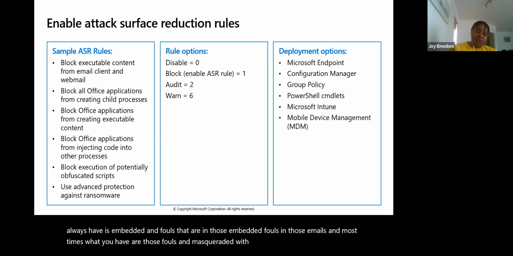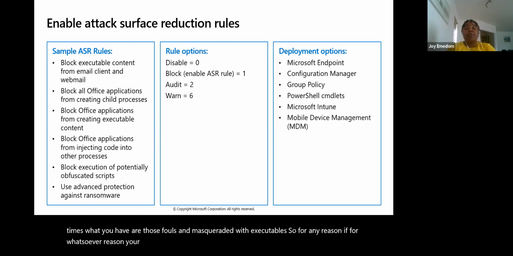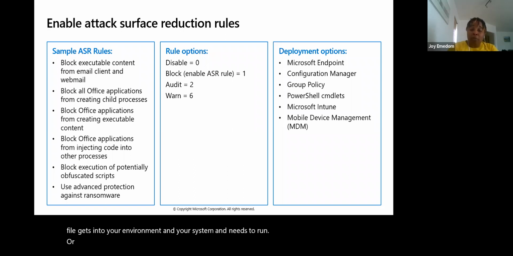So if for whatsoever reason your email security platform is not able to pick up that detection, and that file gets into your environment and needs to run, or probably somebody is opening a personal email on their corporate device.